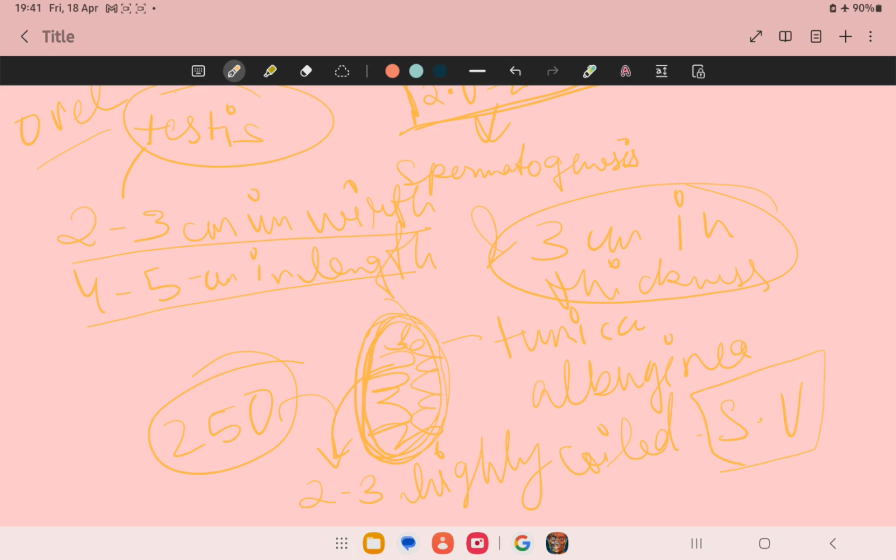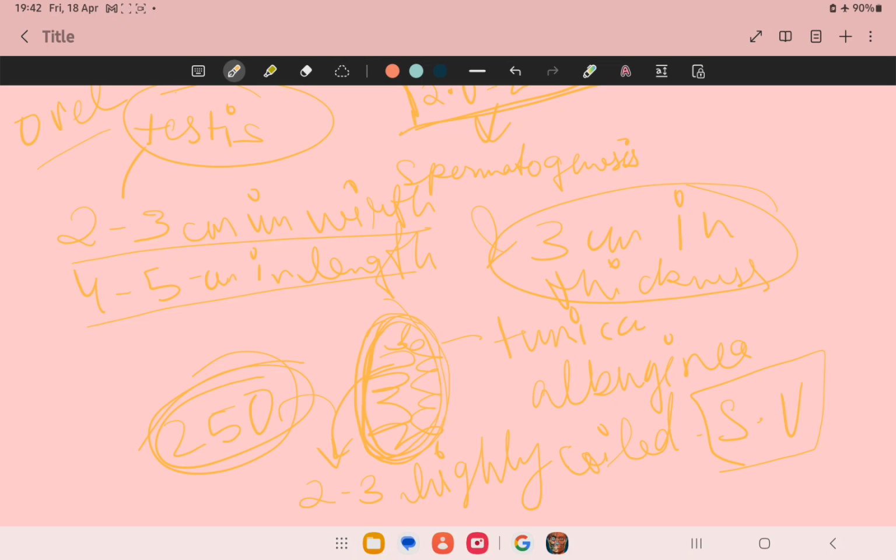Just imagine, inside the testes there are 250 compartments, and in each compartment there are 2 to 3 highly coiled, means super coiled, seminal vesicle. And this is the structural and functional unit of testes, because in this the sperms are produced.